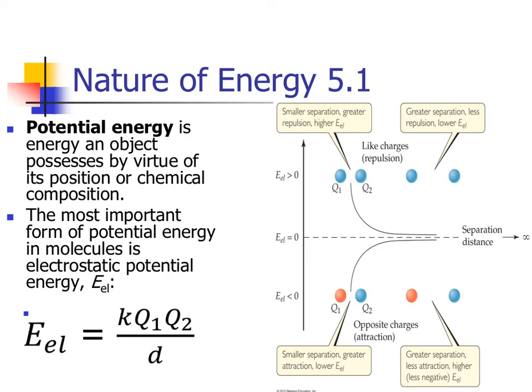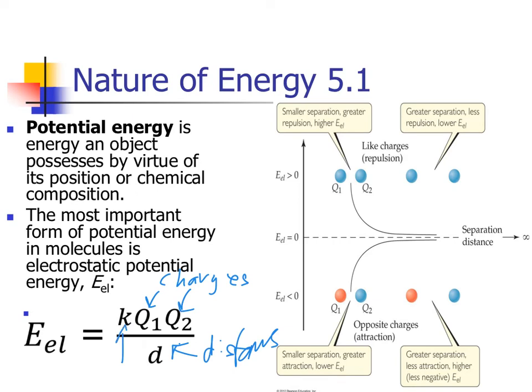Electrostatic means the charge, and that's what you're looking at with these Q values, which are the charges. And the D value down here is your distance, how far apart.